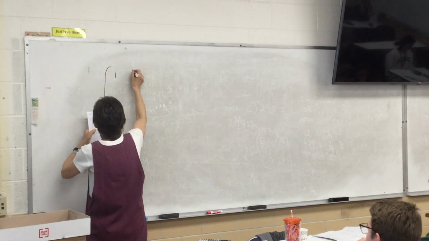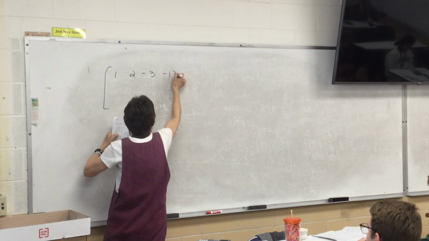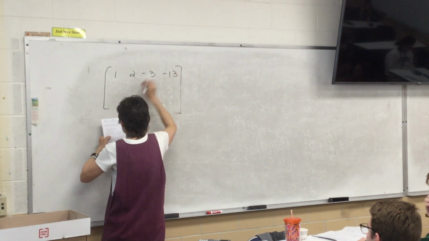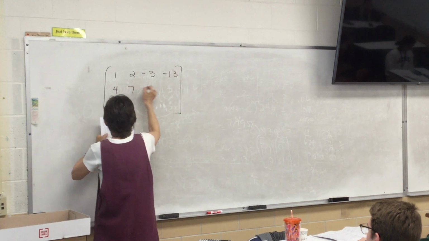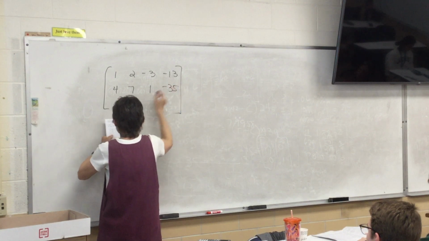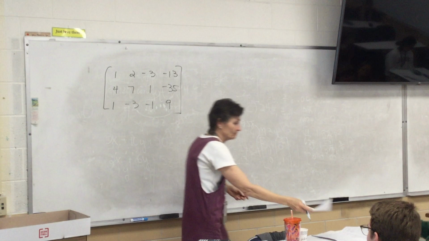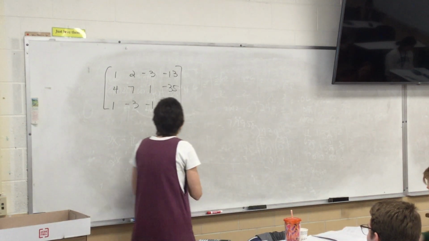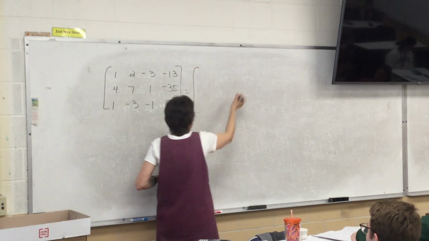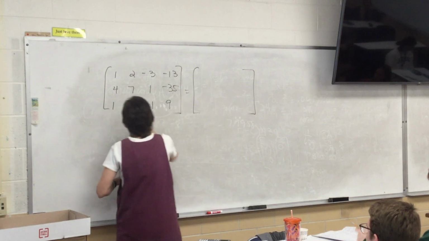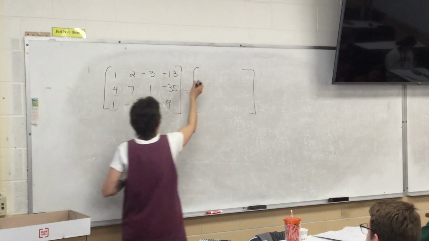So I got 1, 2, negative 3, negative 13. I got 4, 7, 1, negative 35, 1, negative 3, negative 1, 9. That's what I got. All right, so just like before, I need to get zeros here and here.